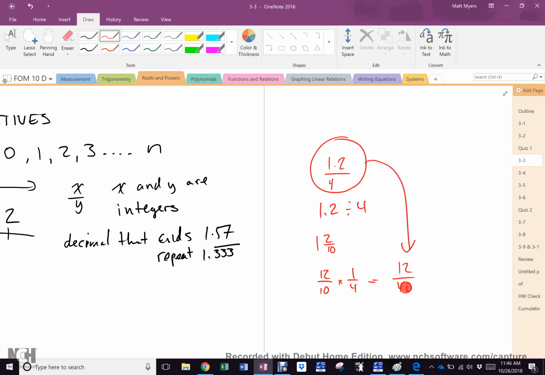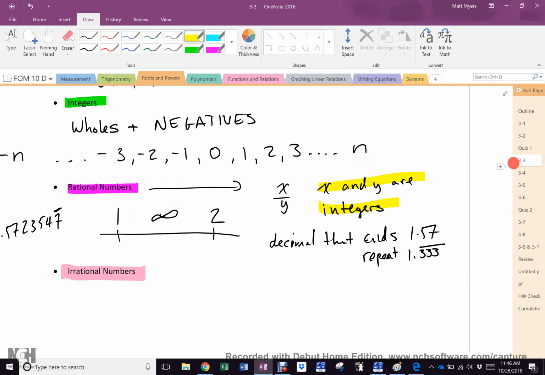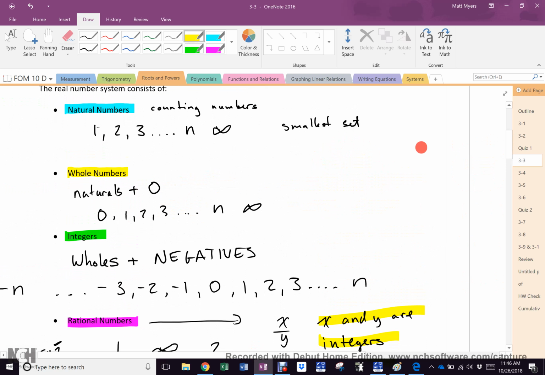All right. Now, the reason I bring this up is because most of you will focus on that definition. Which is why I assume a great many of you are like, nah, because that's not an integer, is it? If you look back at our first three here, natural numbers, whole numbers, integers, what was missing?